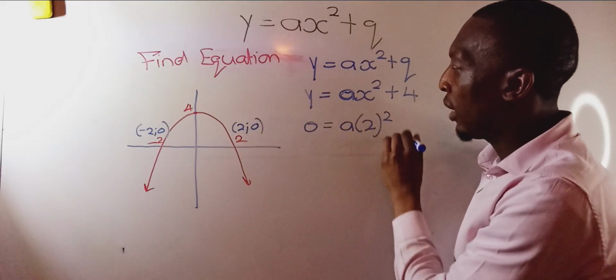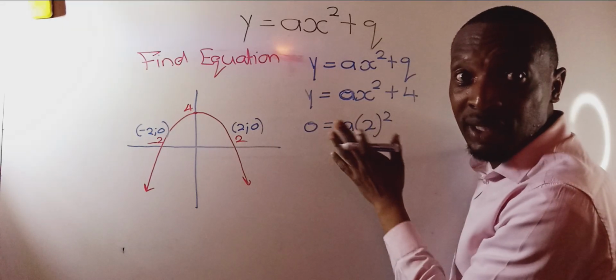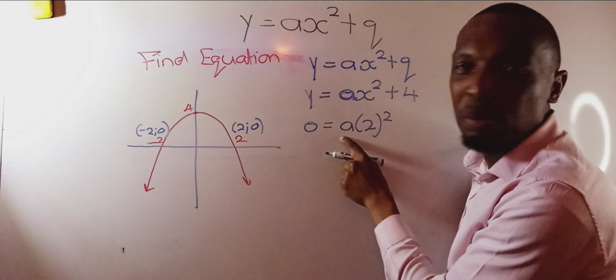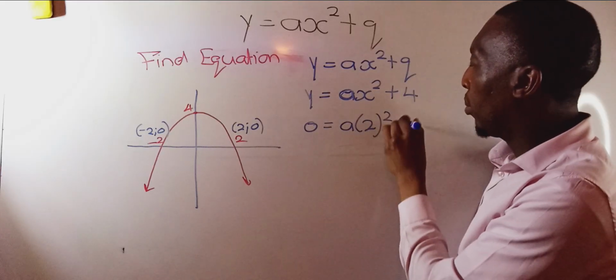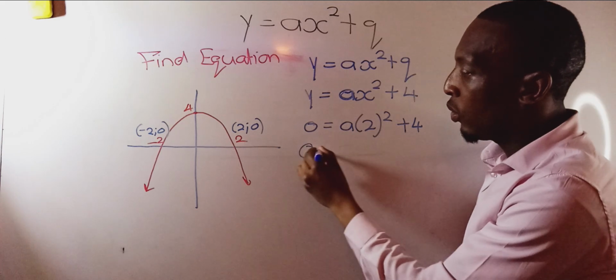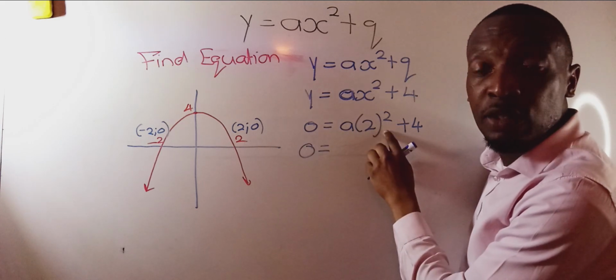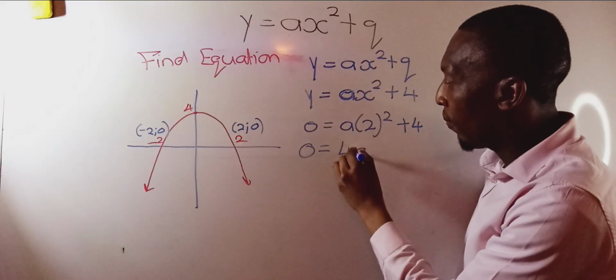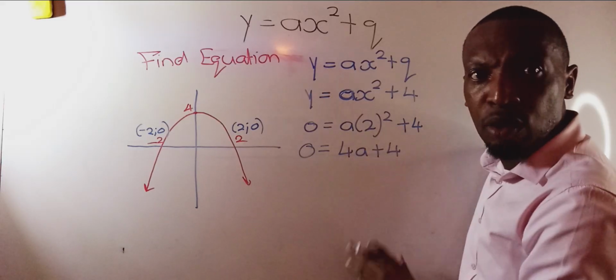Remember to use your brackets, although it wasn't that crucial in this case since a is positive. Well, no, it is crucial because it's being multiplied by a. Okay, plus 4, right? So 0 is equal to, let's simplify that. 2 squared is 4. So it's 4 times a, which is 4a plus 4, right?